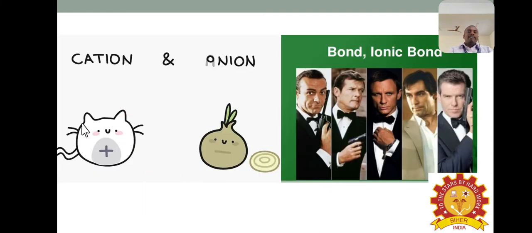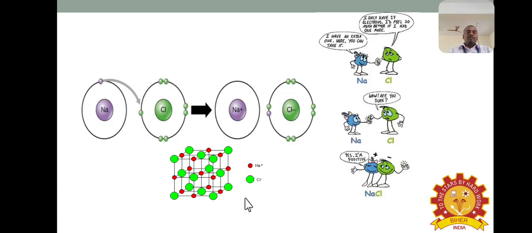Now the cation and anion combine together to form an ionic bond. This is the simplest representation of the formation of an ionic bond. Sodium loses one electron, gives one electron to chlorine, and they make a bond between Na and Cl.